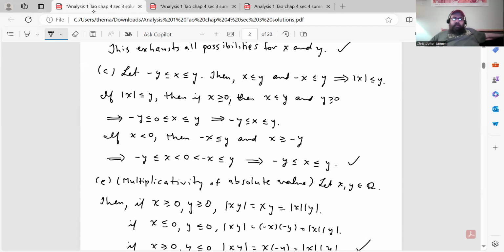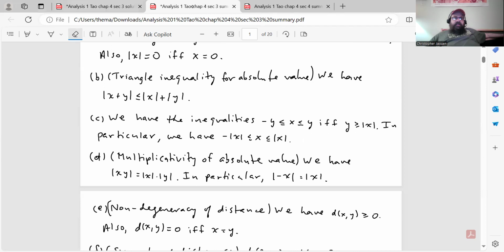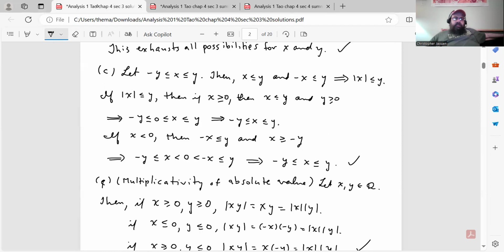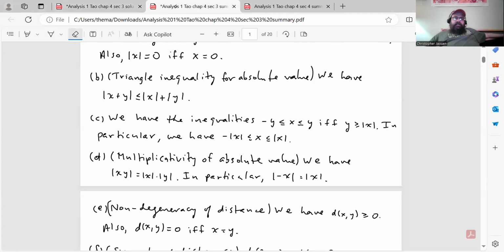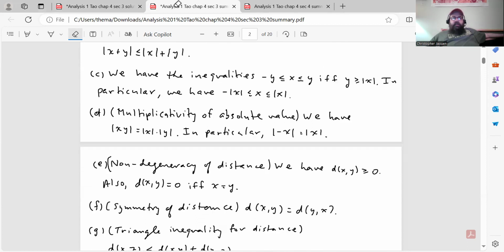The next part, multiplicativity of absolute value. Let me see, did I just label that wrong? Yeah, that one should be D. This should be part D here. All right, so this says that absolute value xy is equal to absolute value x times absolute value y.